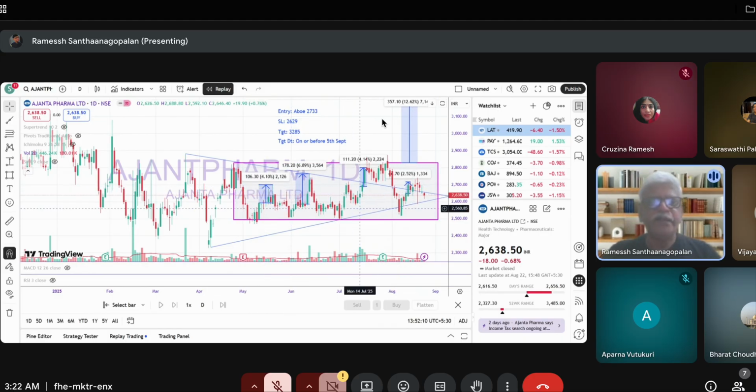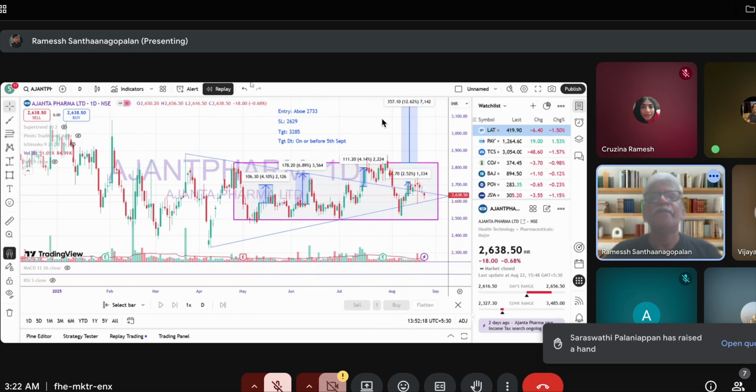From mid-April, it is still accumulating. May, June, July, August, it is more than 4 months accumulating. So if it is going to accumulate 4 months, when it breaks up, definitely it will take 2 months time to reach the target.